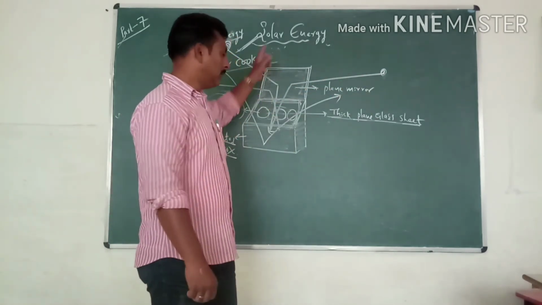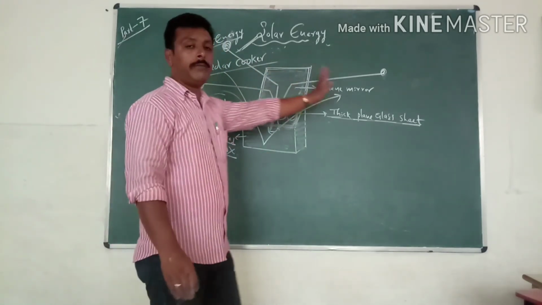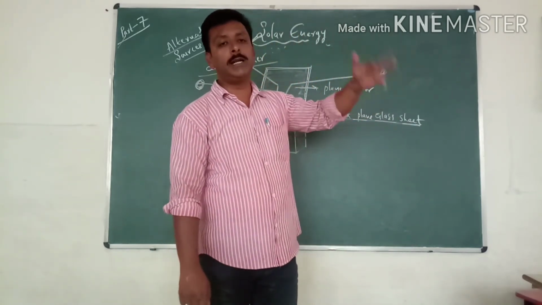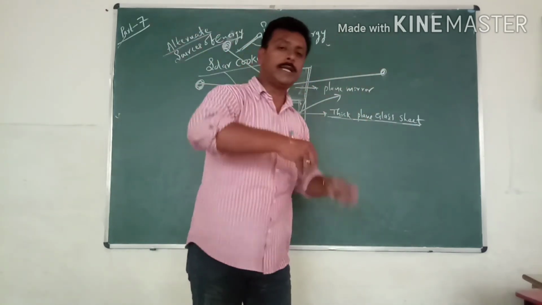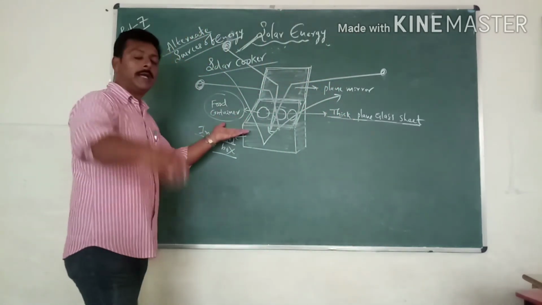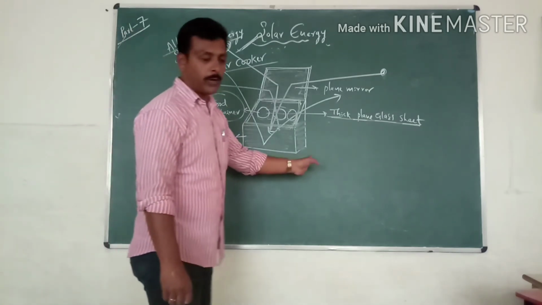Okay, and the top of the box is covered with the plane mirror. Why we are using the plane mirror? It is reflecting the sunlight and making that solar energy to enter into the box to increase the temperature of the box. Like that, it is working.